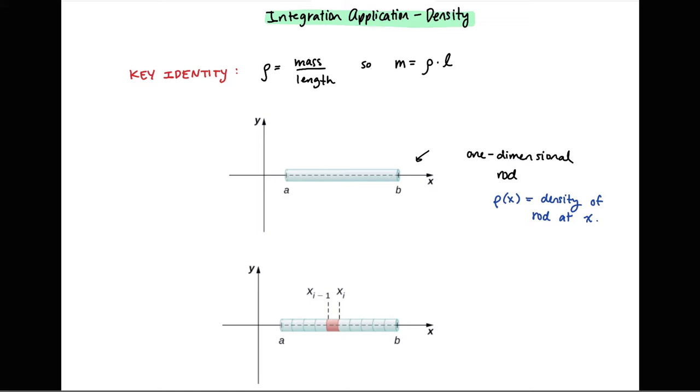So we'll go ahead and assume that the rho of x function is the density of the rod at x, and how we're going to handle finding the mass when the density varies is we're going to break the rod up into little intervals. Just like we've done in all of our applications up until this point, we're going to form a partition of that interval a to b. So here we are looking at the ith interval, x sub i minus 1 up to x sub i.